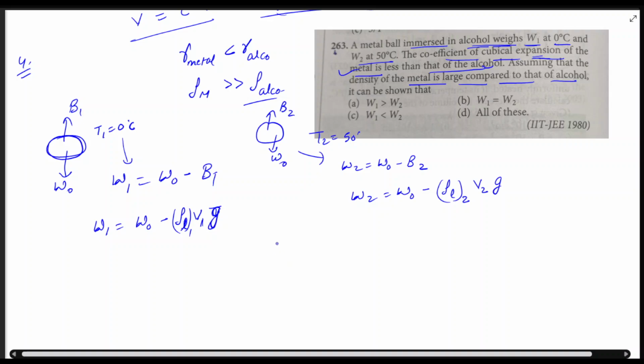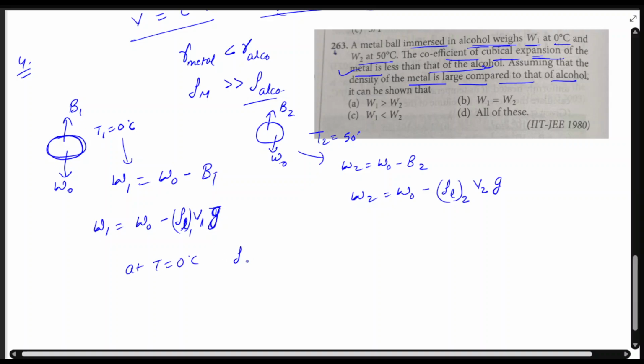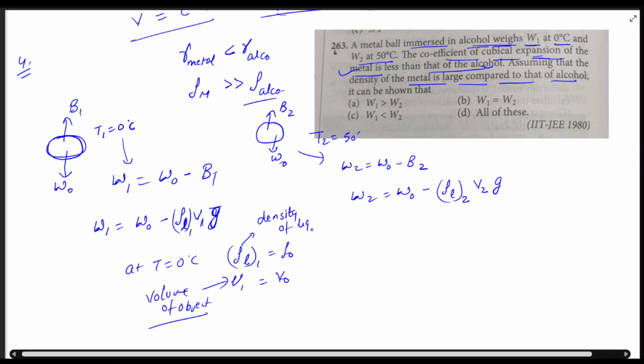Now let's say at T equal to 0 degrees Celsius, the density of liquid is rho naught and the volume of object is V naught. V1 is the volume of the object, and as it is completely submerged, we take this, and this is the density of the liquid, which is alcohol in our case.